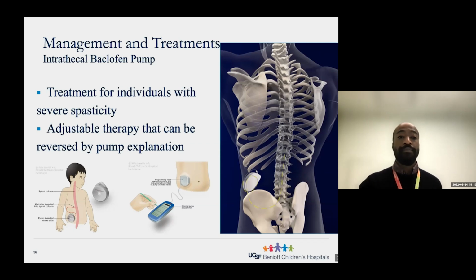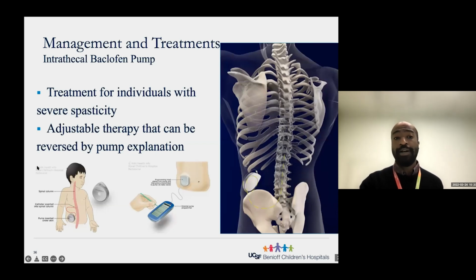And so for the baclofen pumps, you're using much lower doses of the medication. With this pump programmer, you have the ability to adjust the amount of medication that the child is getting, offer boluses in times where their tone is increased, you have a little more freedom to titrate and tightly hone in on a specific dosage of the medication.